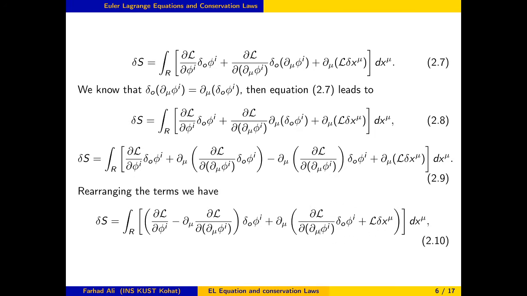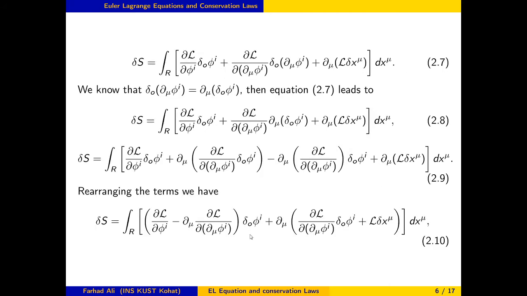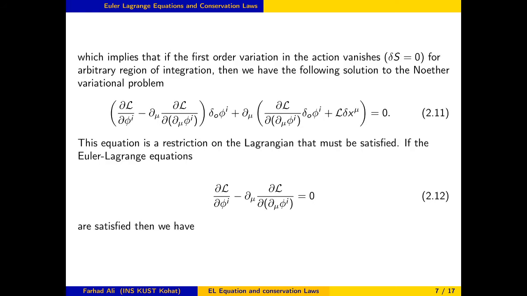So now if I take the optimal value of the action, the variation of the action will be 0. So taking the variation 0 for the optimal value of the action, this integral is 0. This integral is 0. This integral being 0 means the integrand is 0, because we take the variation arbitrary.